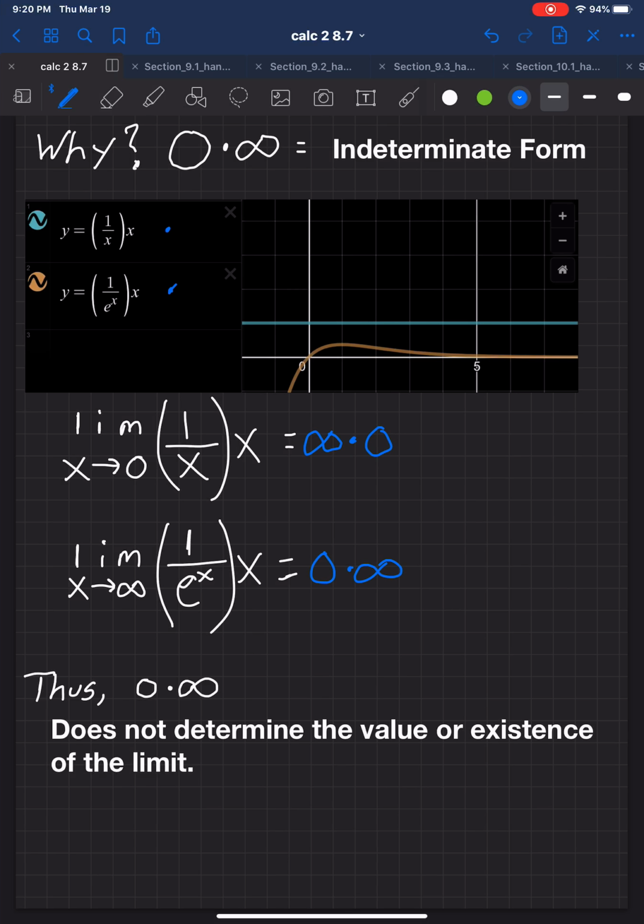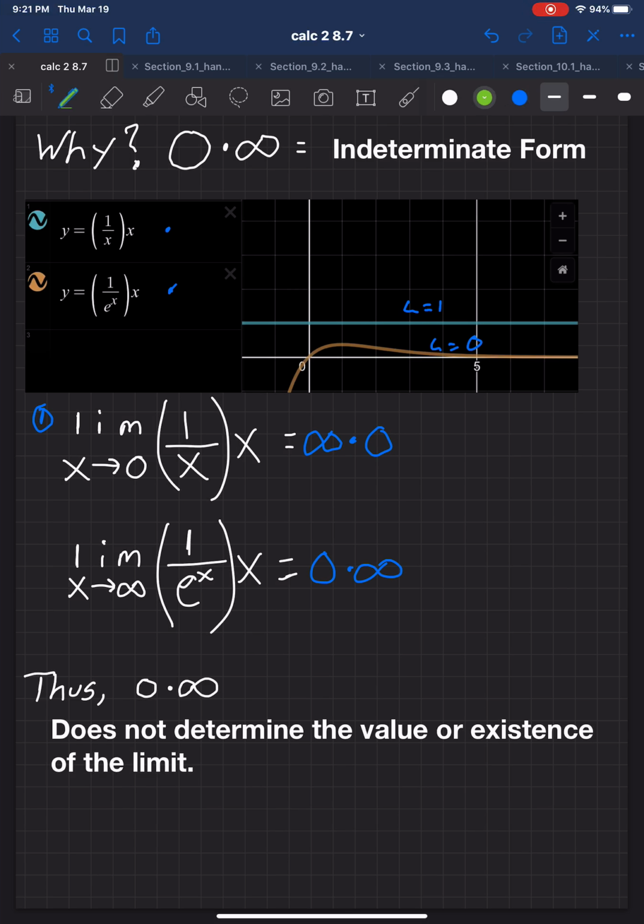The limit as x approaches 0 of the first problem, right? This is the green line. We're seeing that the answer to this limit is actually 1. Whereas in the case where x is approaching infinity of the second function, we're seeing that L is actually equal to 0.